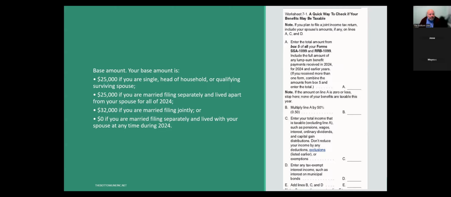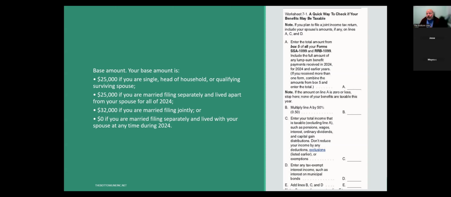So here's the part of our worksheet. First we're going to see if any of it's taxable. And again, if you're filing a joint return, you have to include your spouse's income in here when we figure this out. So you're going to go through all of your 1099 SSAs, box 5.